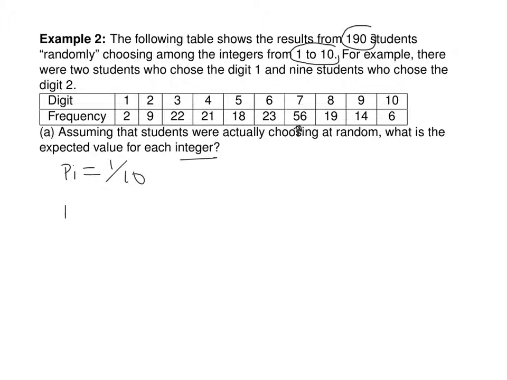So the expected value will be 190 tries times 1/10, or 19. So if 190 students chose between 10 numbers and they were picking randomly, we would expect about 19 people to choose each number. And you can see that that probably isn't even remotely close to true. Look, 1 was just chosen twice and 7 was chosen 56 times.